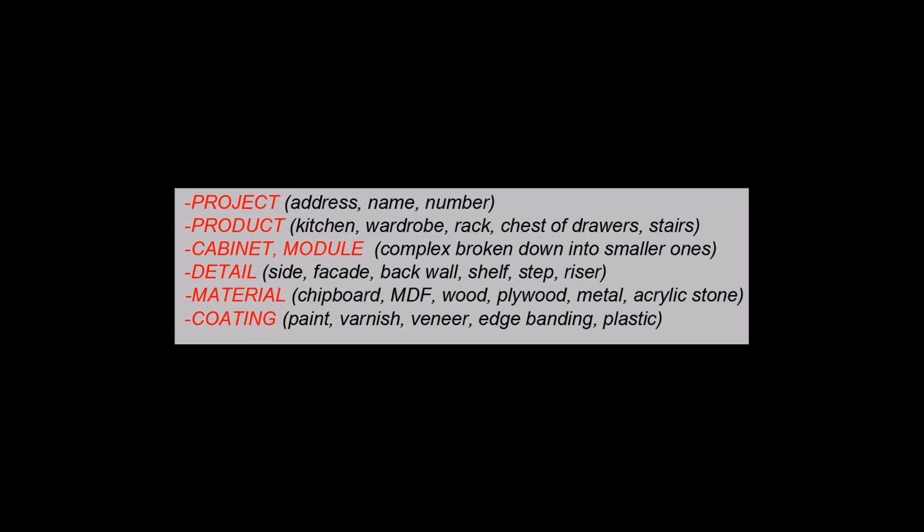Here they are. We have a project, such as an address, name or number of our project. Then we have a product. It could be a kitchen, wardrobe, rack, chest of drawers or stairs or something. Then we have models, sections, complex ones broken into smaller ones.